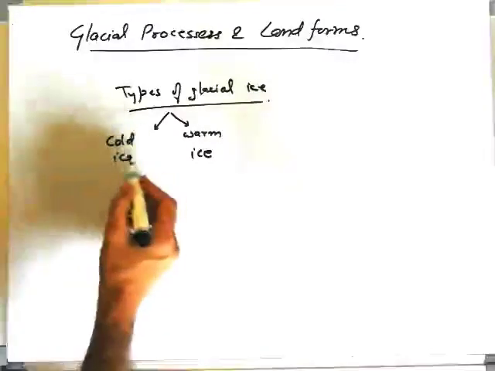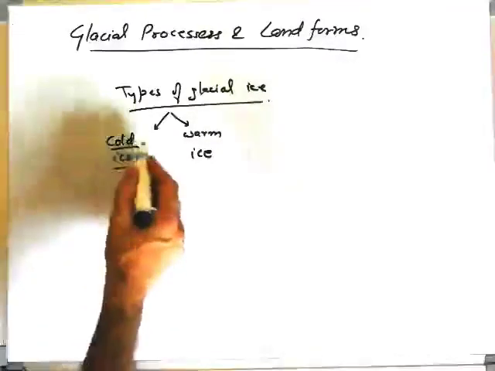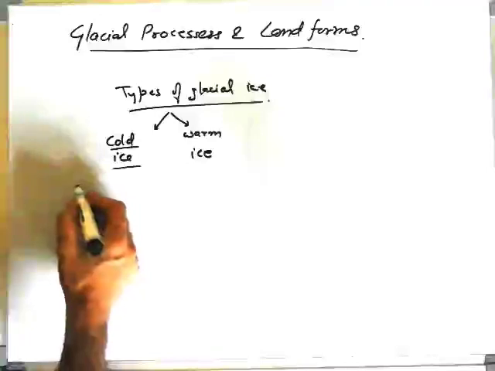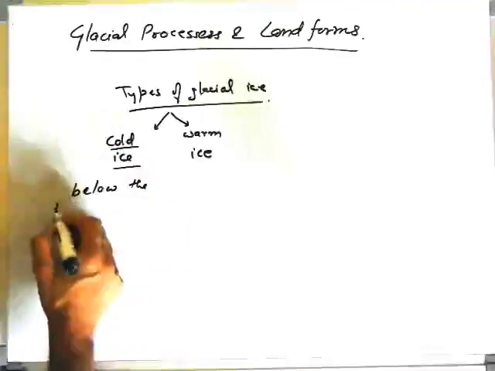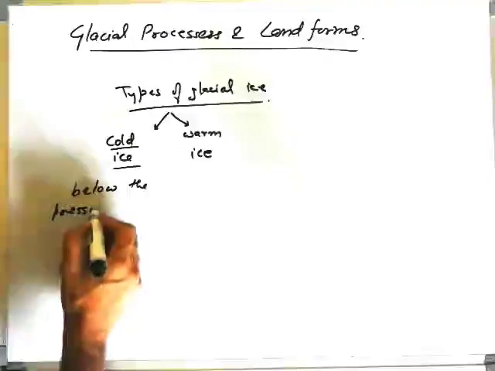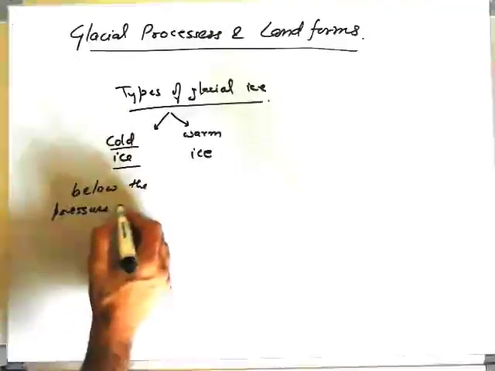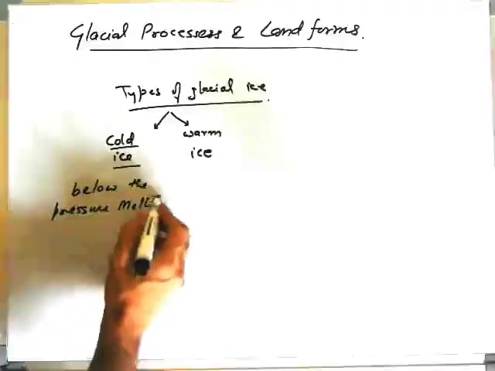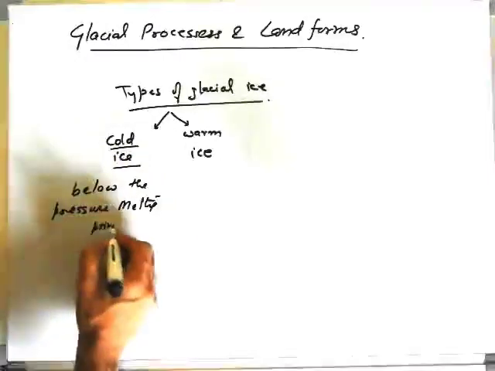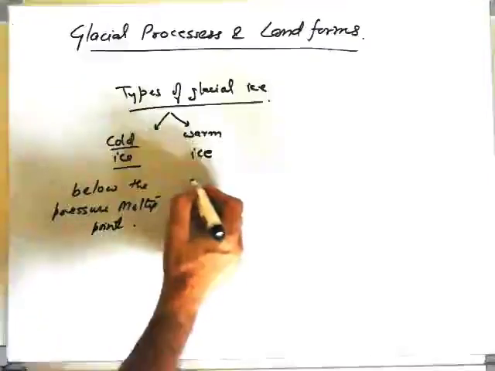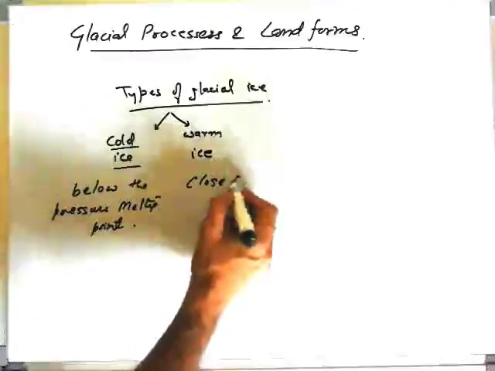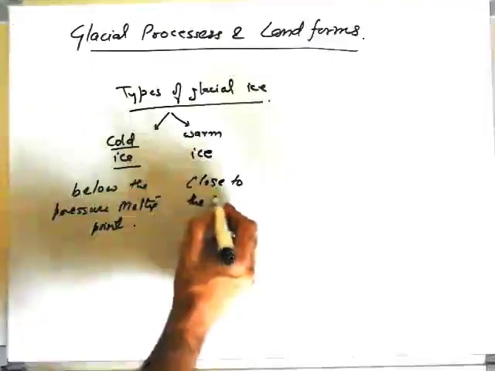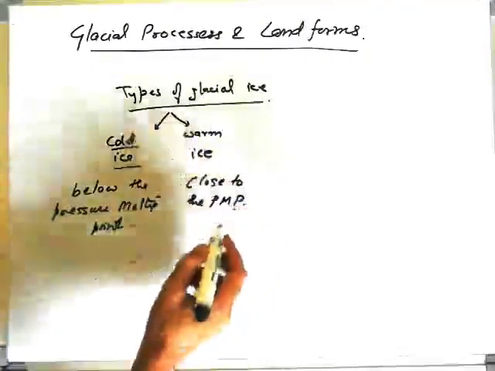Cold ice is basically the ice that is below the pressure melting point, and warm ice is close to the pressure melting point.